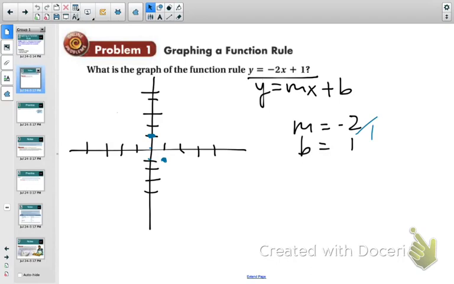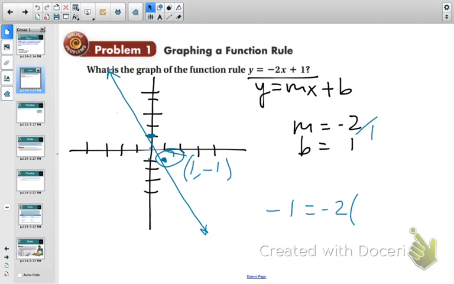Then because I have 2 points, and I know this is a straight line, I can just connect them like so. It's kind of hard to graph on this, but I'm going to connect them like that, and that's our graph. If I test those points, if I plug in this point right here, that was 1, -1, so -1 is my y, equals -2 times 1, which was the x, plus 1.